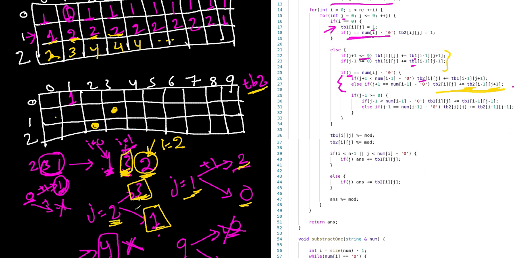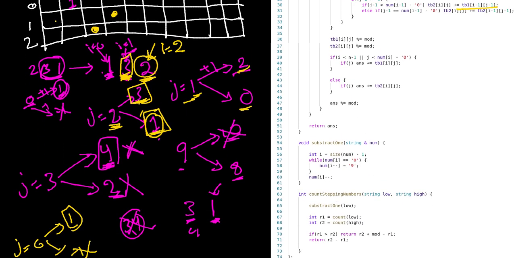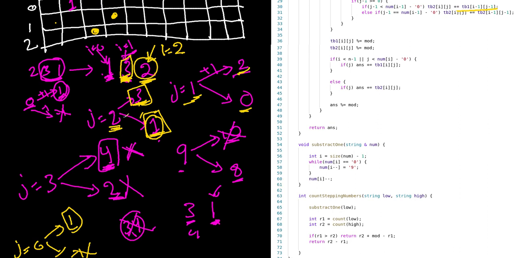Also for j equal to, we have 1. Now 1 is less than the previous value in this case, so this condition apply. We use TB1 to calculate for it, because the current value is 2 and the previous, and we are checking for 1 is less than 3.